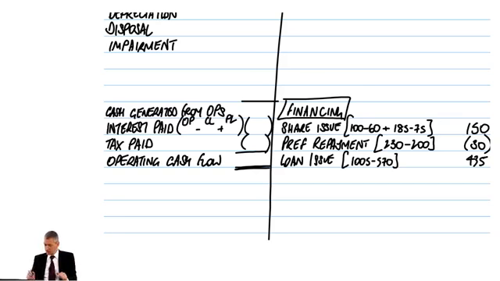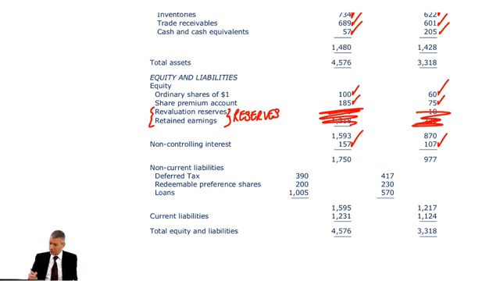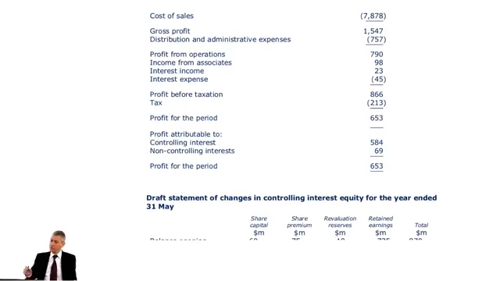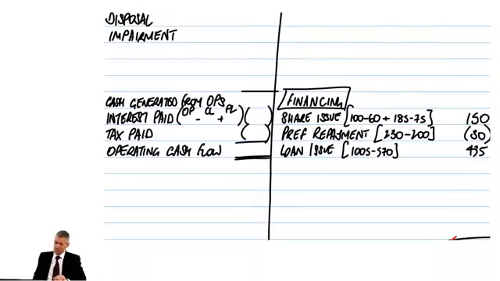So let's go back to the question, and we restart the question on the P&L. On the P&L, we start again at the profit from operations, the operating profit, or in fact we start ticking through these just below operating profit. So income from associates. That's going to make the associates bigger.